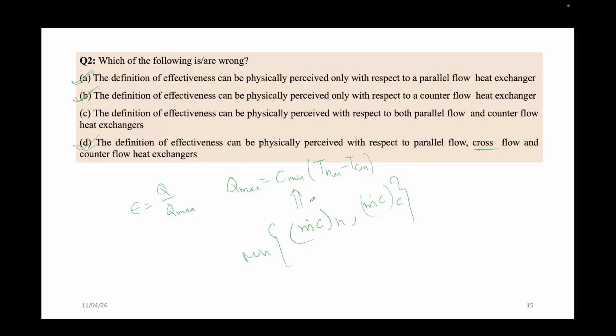So my confusion here is that the definition of effectiveness can be physically perceived only with respect to... Actually, this thing in option B will not be the answer. Tell me why. Option B is correct. Why?